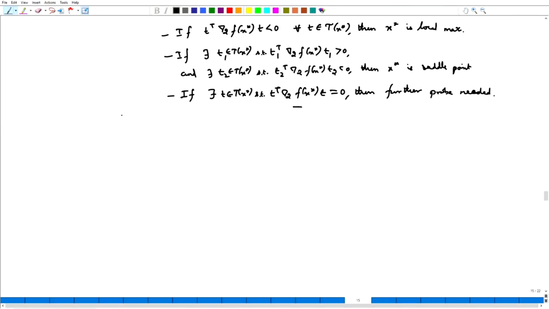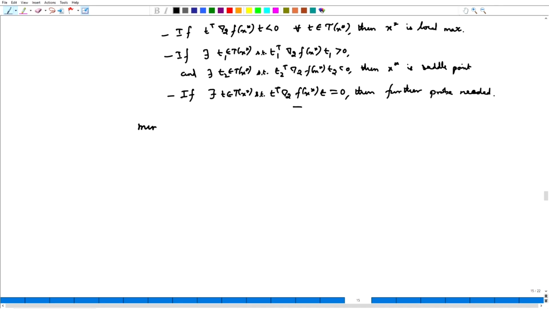Given that we have characterized the solutions, we will now look at an example. Let us consider the same example that we had given.